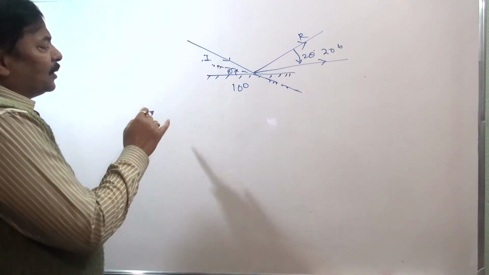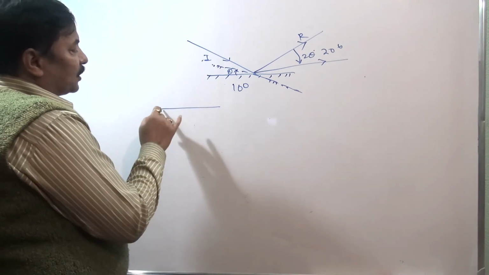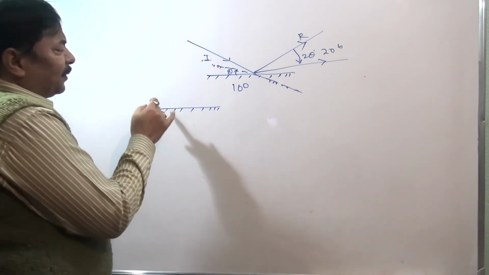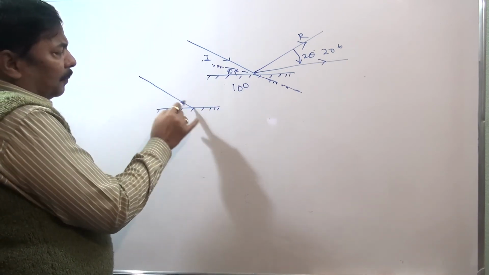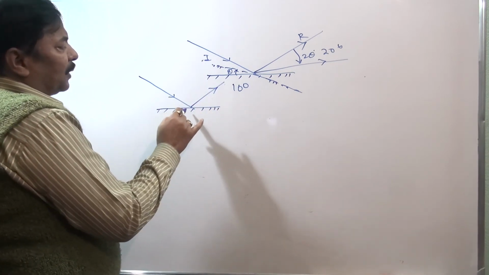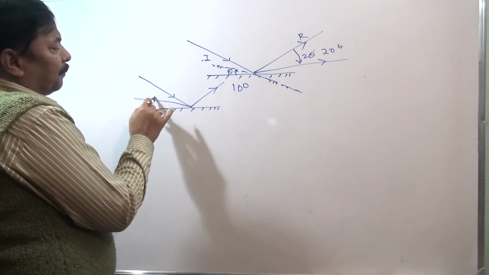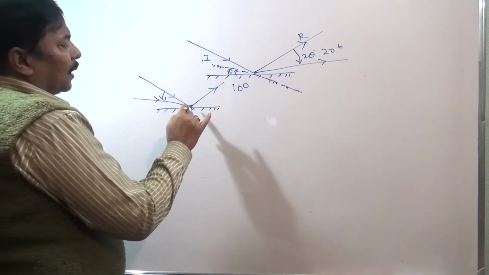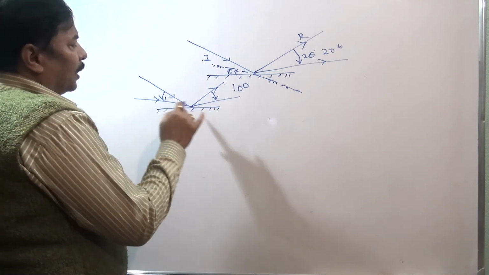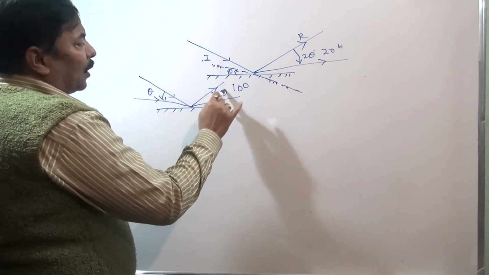And the second situation that you should understand is that if the plane mirror is kept constant and if the incident ray is rotated in this way, then reflected ray rotates in this way. Here you see, here it is theta, here also theta.